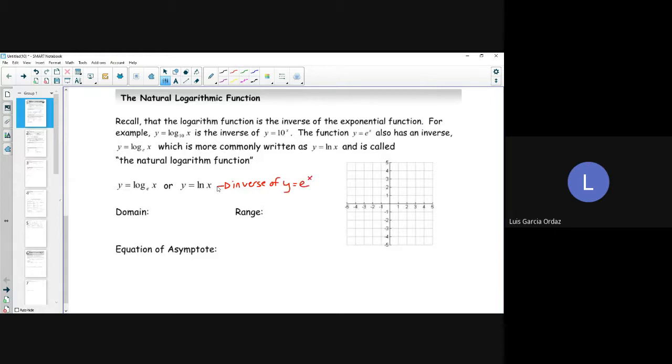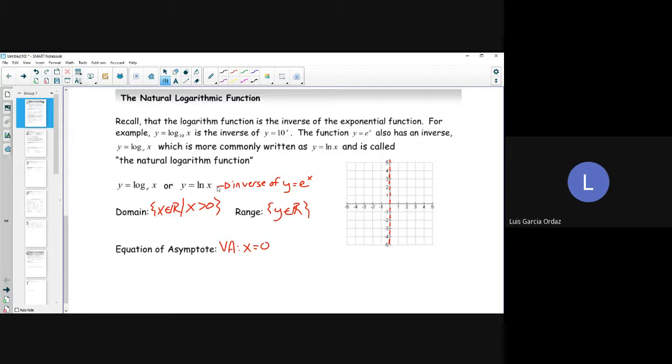So don't forget that. Its domain is going to be x an element of all the real numbers, but x has to be bigger than 0. And my range is y an element of all real numbers. And here I have a vertical asymptote at x is equal to 0. However, when we have the natural log function, it crosses my vertical asymptote.